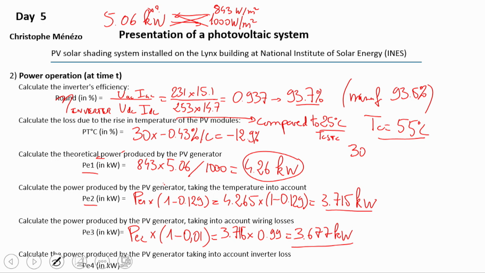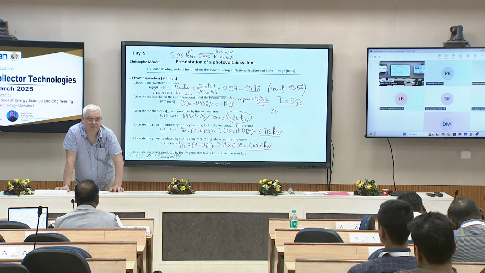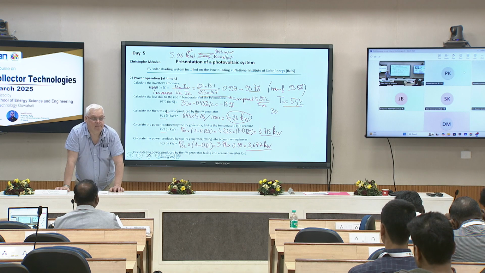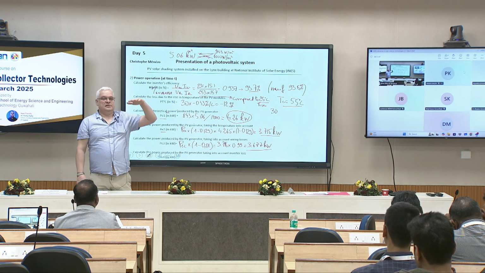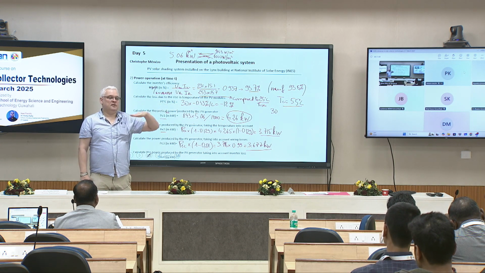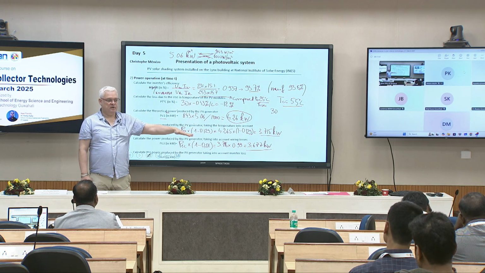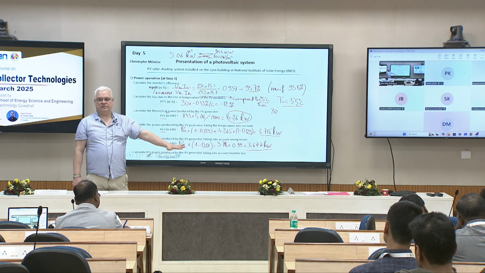Now it's not finished because we have to consider the efficiency of the inverter. We see that it is not at 25 degree. It is not at 1000 watt per square meter. There is loss due to cable. There is loss due to inverter.